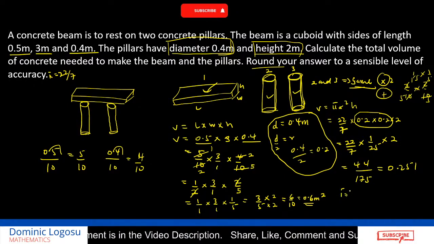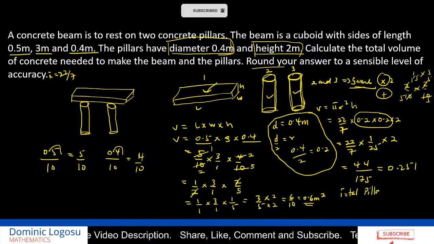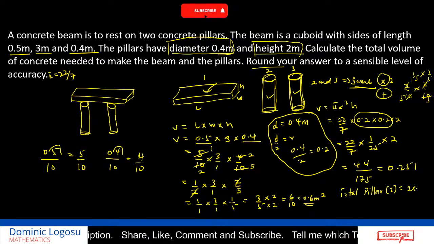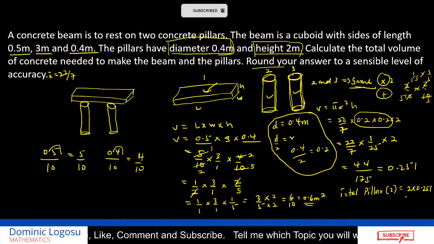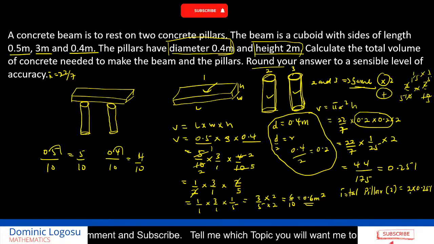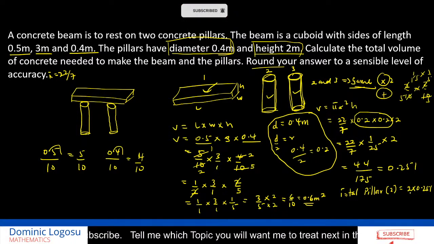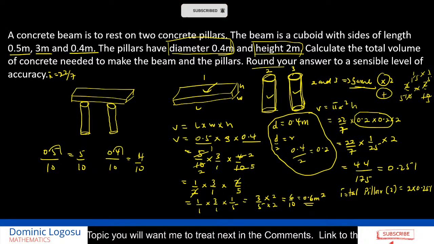So total, I'll write here total pillar, which is 2, should be equal to what? 2 times what? 0.251. Okay, what will be the answer to that? 0.251 times 2. Come on, guys.